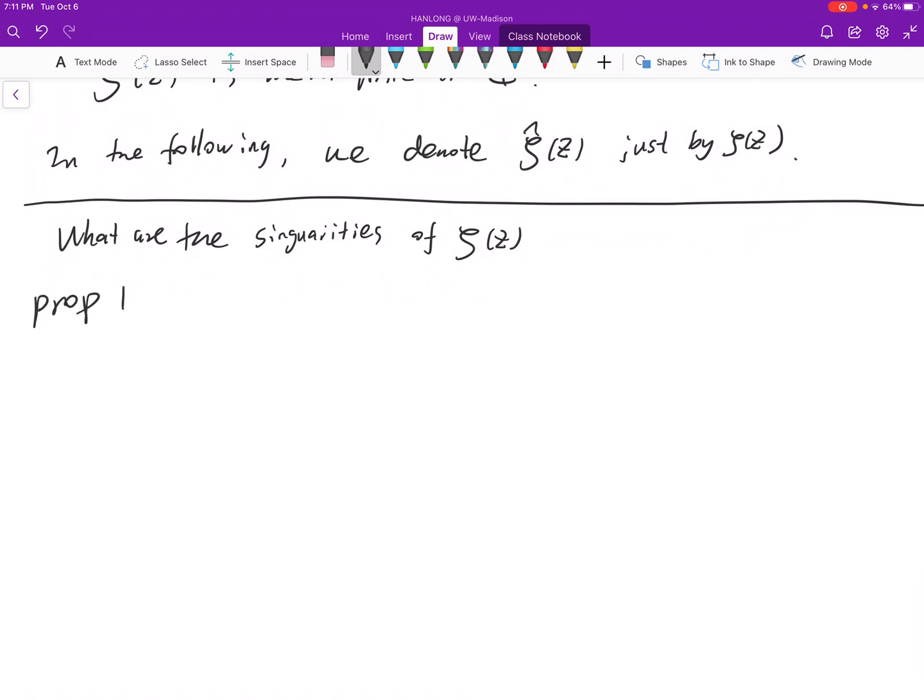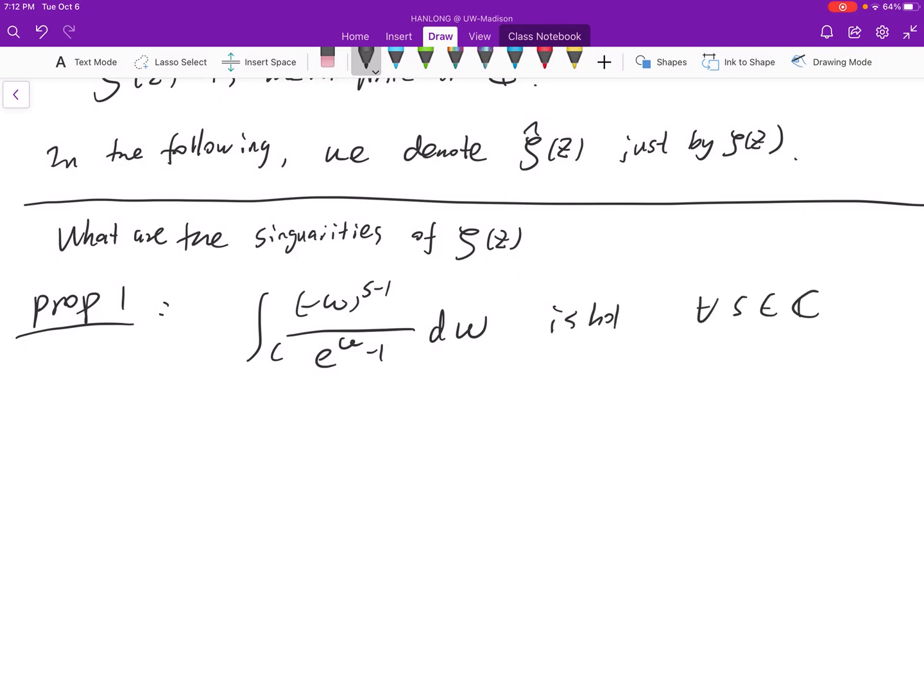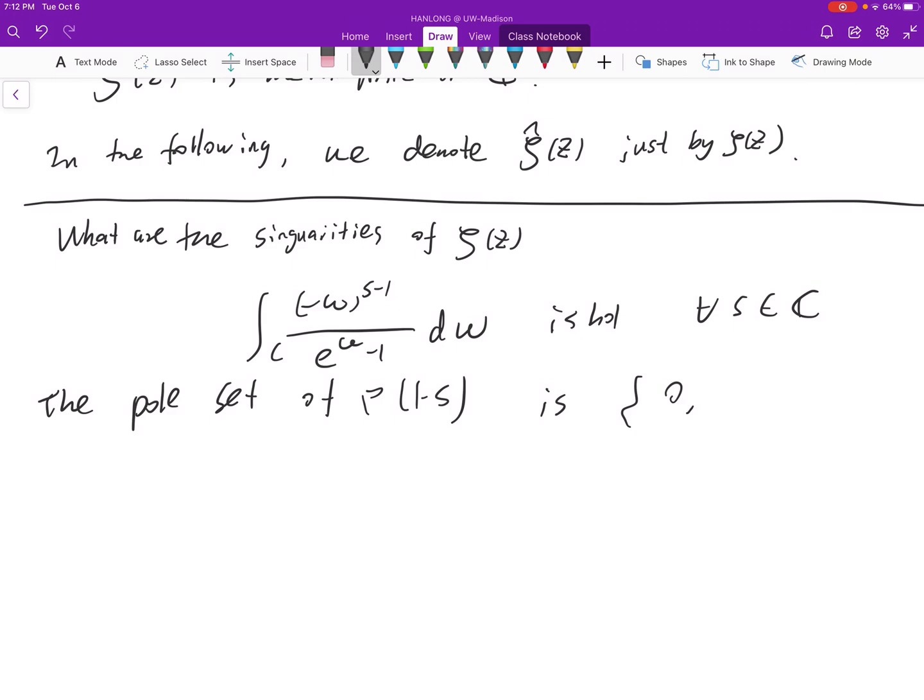Proposition: the integral of negative omega to the s minus 1 over exponential omega minus 1 d omega is holomorphic for all s in C. And the pole set of gamma 1 minus s, we already showed, is s equals 1, 2, 3, up to infinity, that is, 1 minus s equals 0, negative 1, negative 2, and so on.